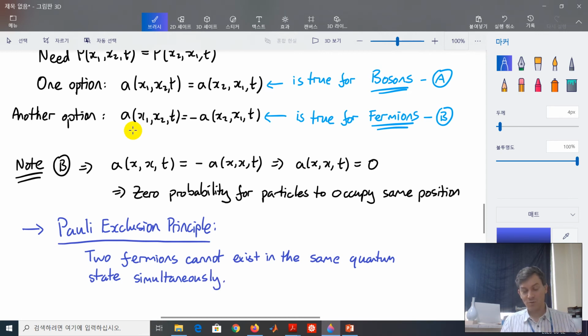In fact, it can be made more general. Rather than talking about position measurements, you could talk instead about momentum measurements or angular momentum measurements, and the same thing is true.